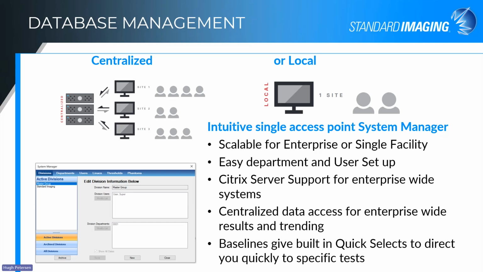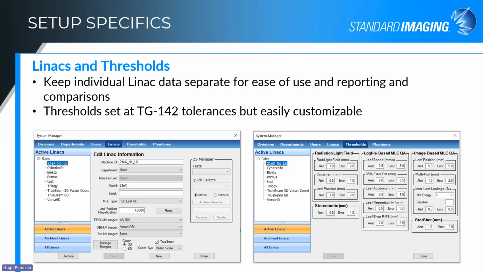And then the nice thing too is we have baselines that provide what we call quick selects, which give you direct access to your tests and specific results for those tests easily. Setup specifics, as I mentioned, our system manager allows you to set up your LINACs, set up your departments, and set up your users very easily.